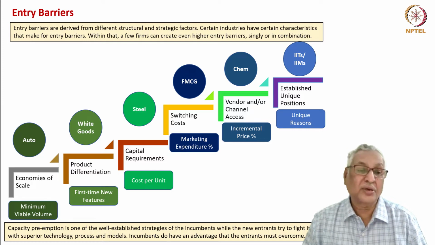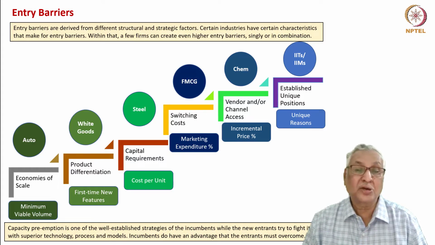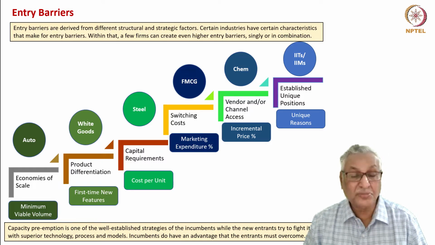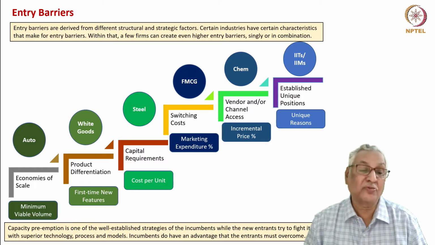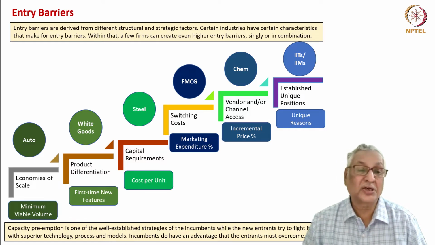If you take the automobile industry, economies of scale is the primary entry barrier. Any automobile manufacturer will be viable only when a minimum viable volume is achieved. In respect of passenger cars, 100,000 passenger cars per annum is a minimum viable volume. In respect of utility vehicles, you need to produce around 50,000 vehicles to be viable.